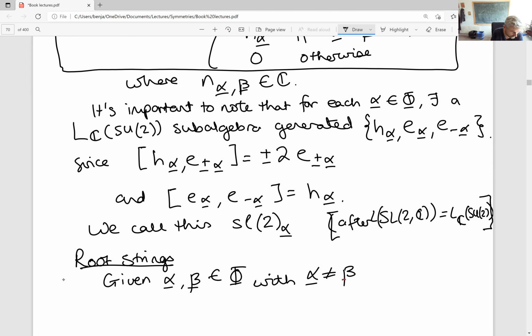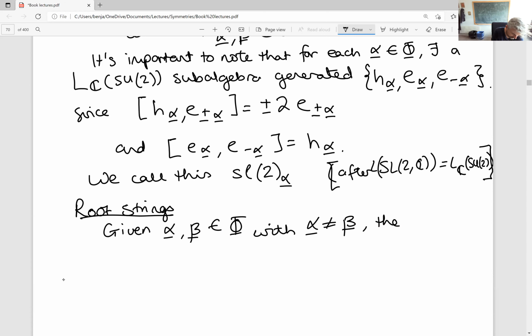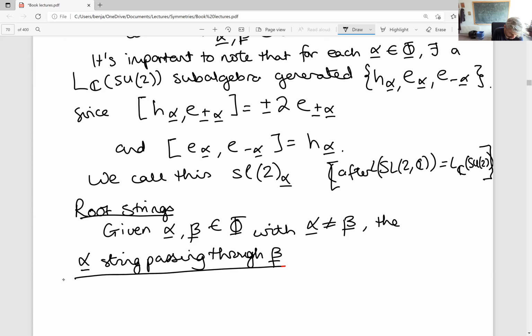The alpha string passing through beta, this is a definition, is the following set of roots.